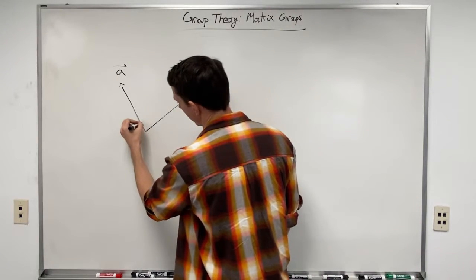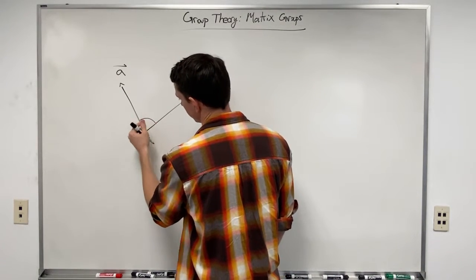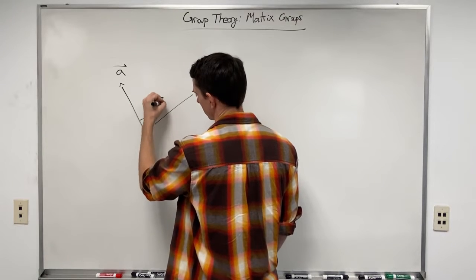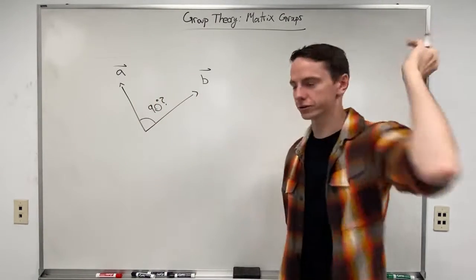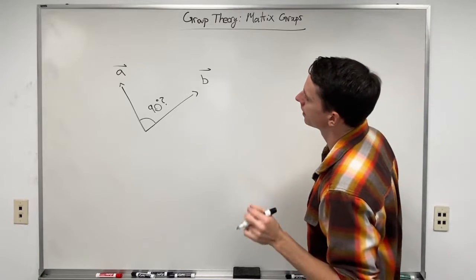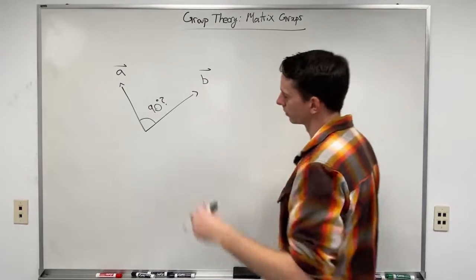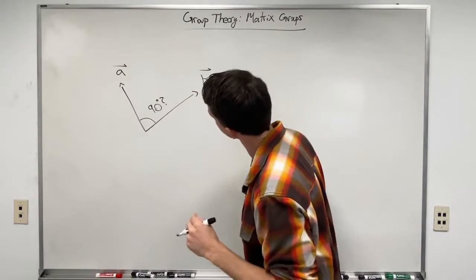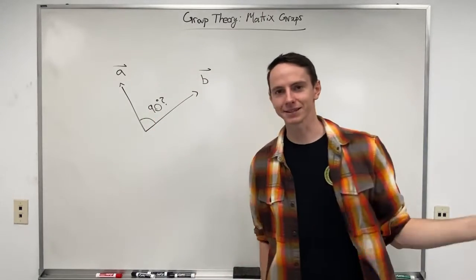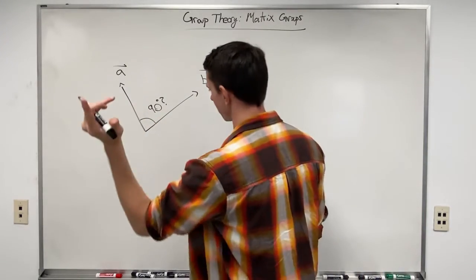In other words, is the angle that they form here 90 degrees, or pi over 2 radians? Just by looking at this set of vectors, it looks like the angle is slightly less than 90 degrees. I didn't draw them exactly at 90.